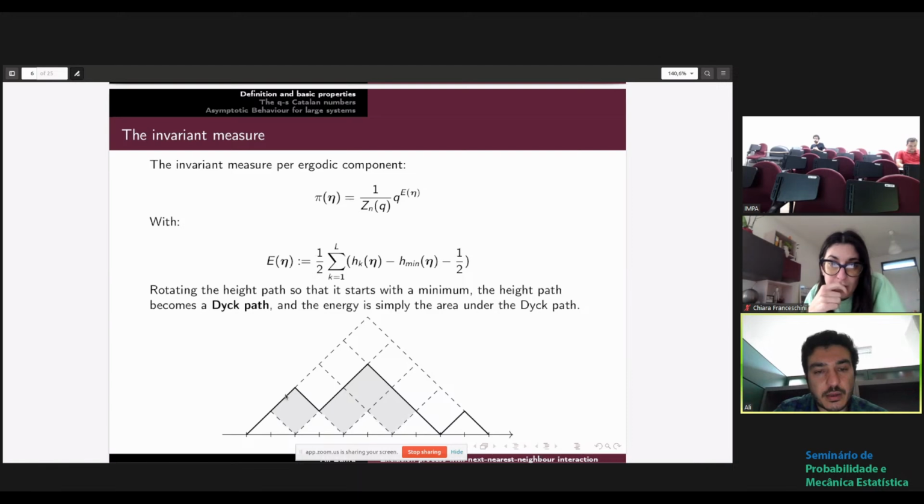Then you call this a Dyck path. And this energy will simply become the area under the Dyck path, which for this example is just 4, the gray squares. You don't count these half squares or these triangles.